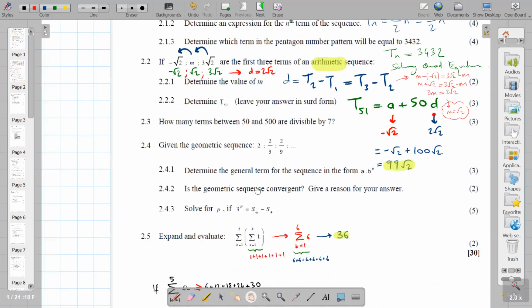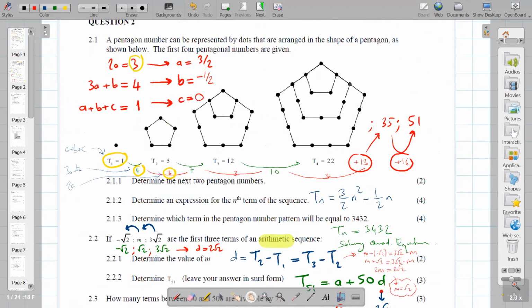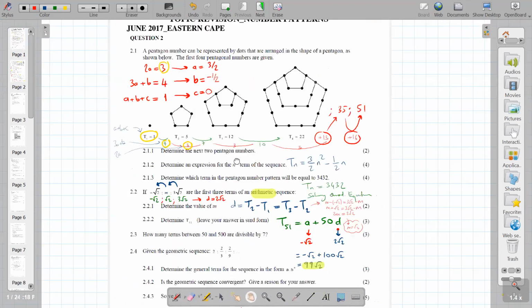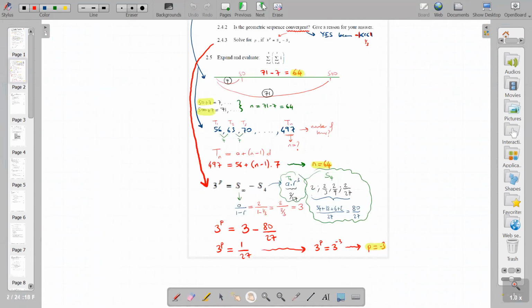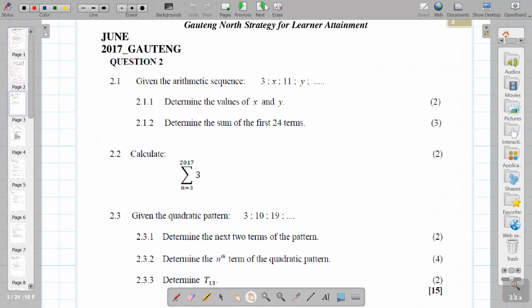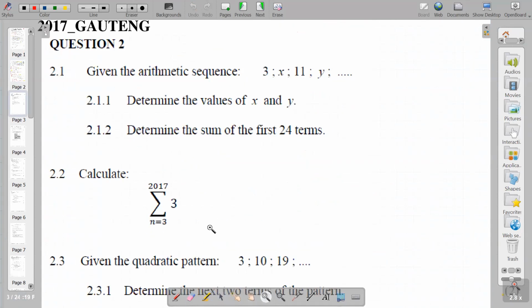All right, I think that is so far so good. Now, next thing, we have an arithmetic sequence, find the missing values and the sum of first 24 terms and so on. Now, in an arithmetic sequence, we can say T2 minus T1, T3 minus T2, or let me just solve in this way.